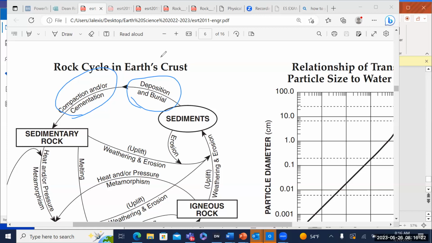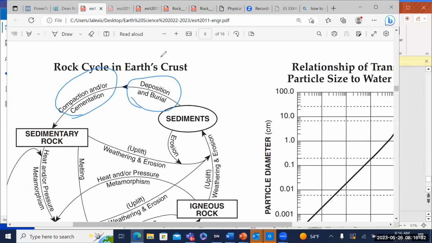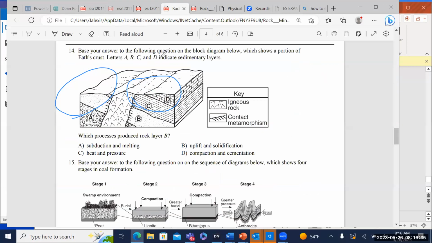These two processes directly lead to creating a sedimentary rock. When I'm looking at my test, where I see compaction and cementation, I also see compaction and cementation right over here. And so the correct answer is choice D.